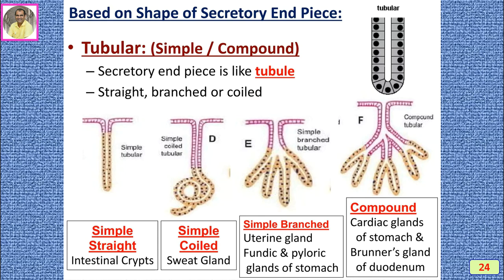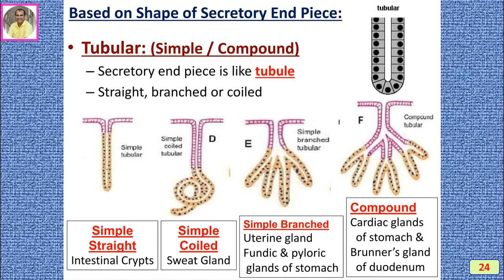The example of simple tubular glands is the intestinal crypts, which secrete mucus into the digestive tract, whereas simple coiled glands are the sweat glands, and simple branched glands are the uterine glands, fundic glands, pyloric glands, and glands of different parts of the stomach.